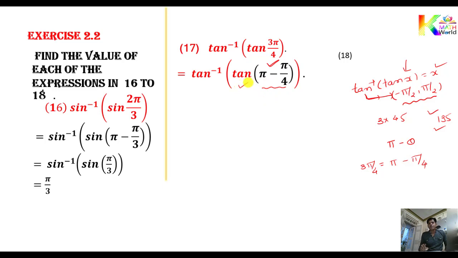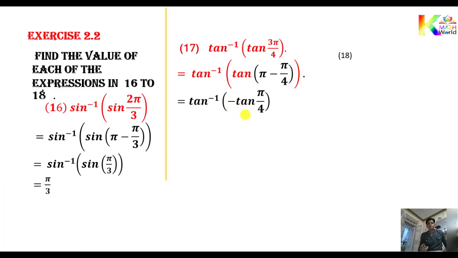Now in the second quadrant the tan function is negative. So what should be the answer? With pi, the function is unchanged. So the answer will be negative, and the answer will be minus tan pi by 4. So we get tan inverse of minus tan pi by 4.